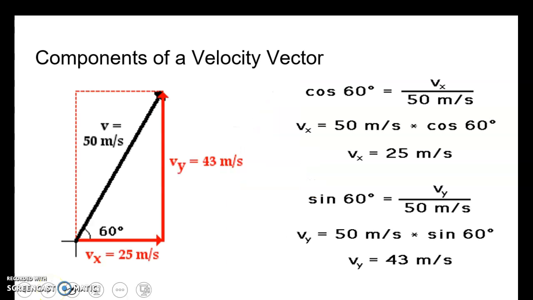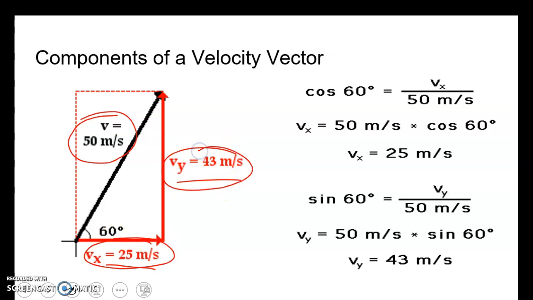Now, let's say we launch at an angle and we want to know what our y and x velocities are. This is really pertinent to what you're going to do with the dual credit assignment. So let's say we launch something at 50 meters per second, but we want to find what our x velocity is, and we want to find what our y velocity is. And we just use trig.